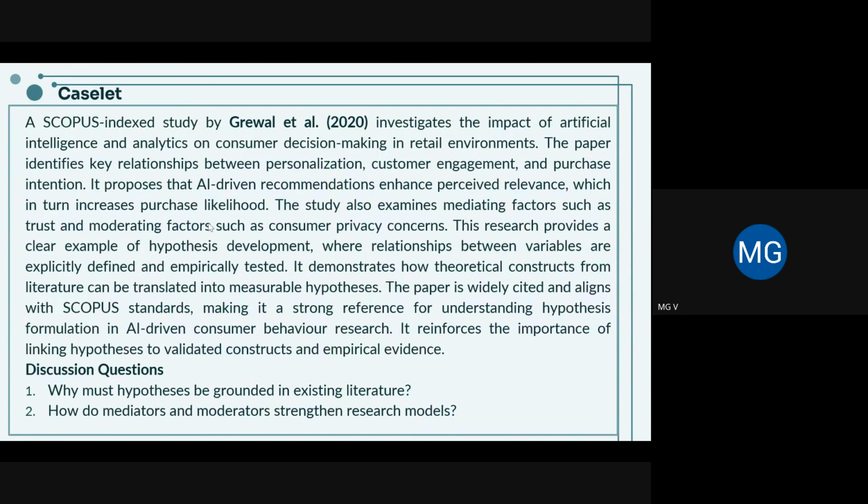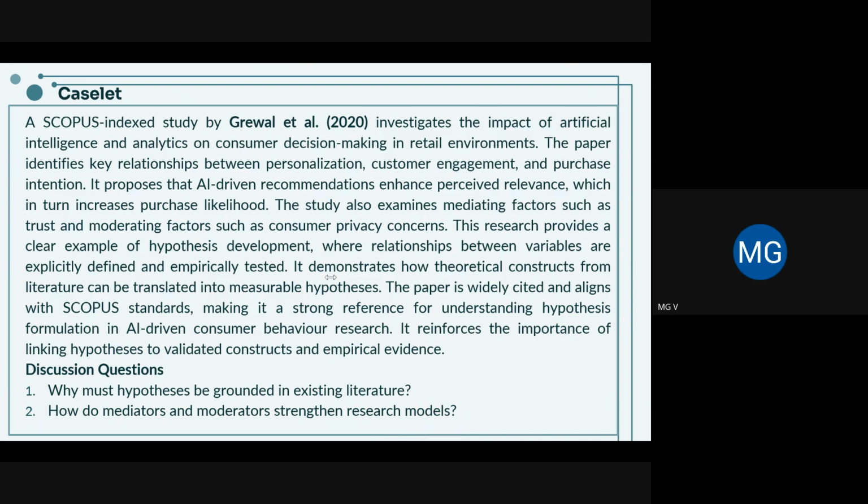Now you can see the caselet here, right? A Scopus indexed study by Grewal et al., 2020, investigates the impact of AI and analytics on consumer decision making in retail environments.